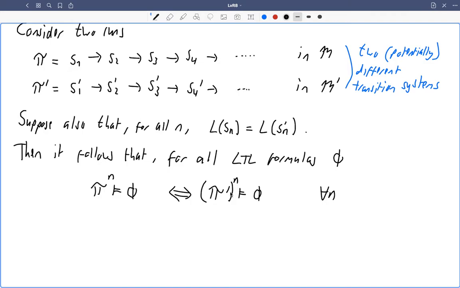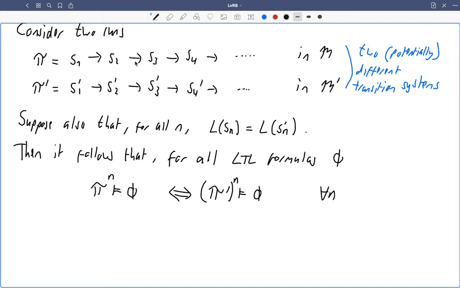So what this equivalence is saying is that the truth of formulas of LTL does not at all depend on the precise identity of the states we go through. It really just depends on the sequence of properties that hold at the states. So we have a run, it goes through an infinite sequence of states, and the truth of LTL formulas just depends on the sequence of the sets of properties that hold of those states.